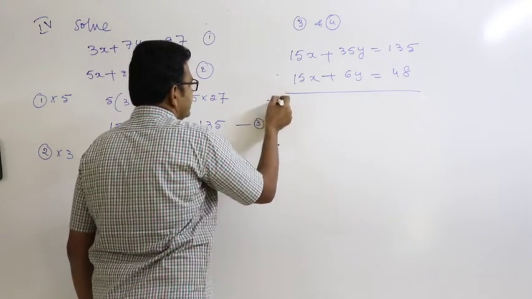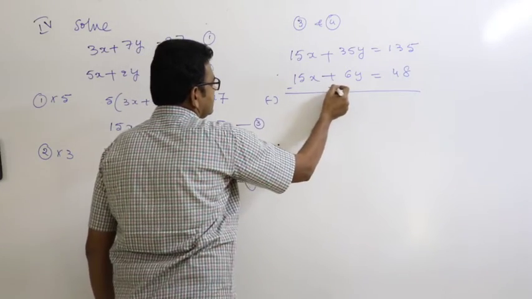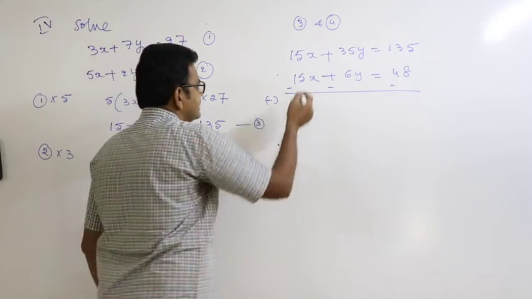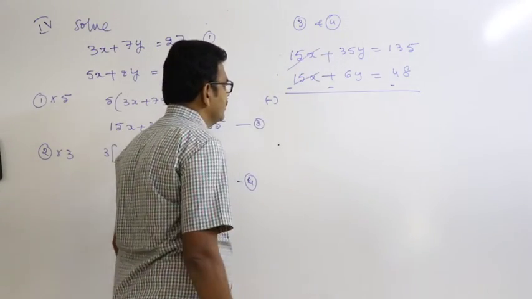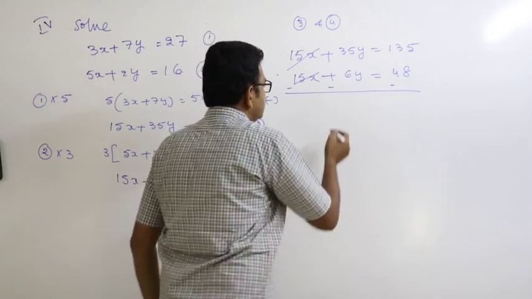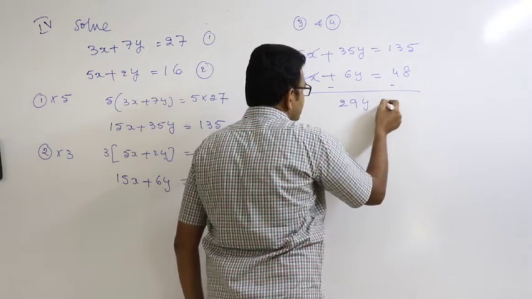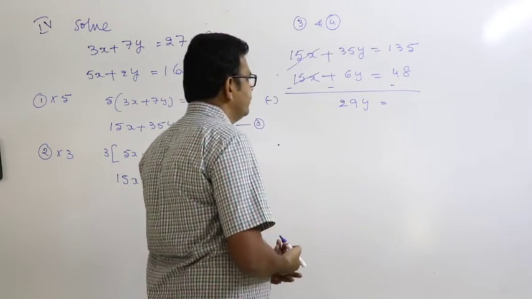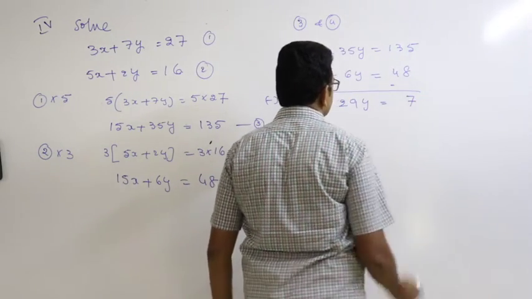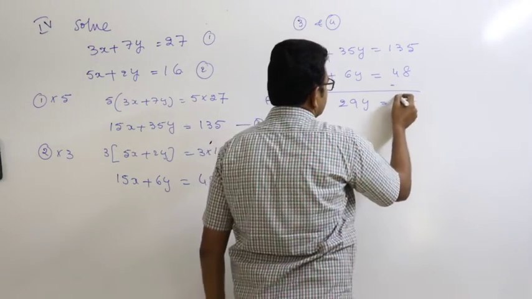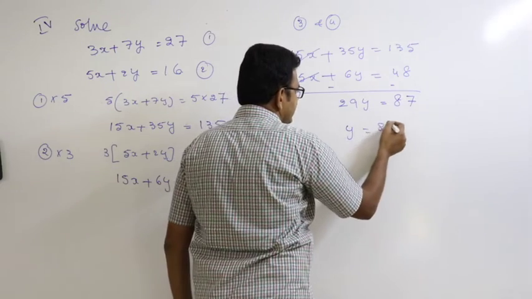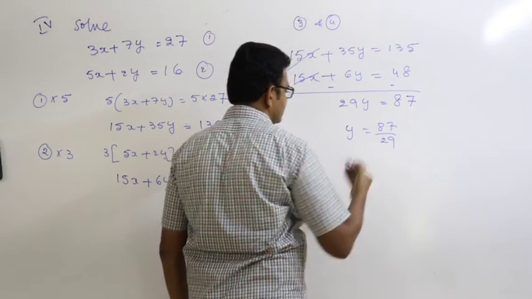By subtracting, that means this becomes minus, this is minus, this is also minus. 15x minus 15x, both get cancelled. And it is 35y minus 6y, that is 29y is equal to 135 minus 48. So this is 87. Therefore, y is equal to 87 by 29.